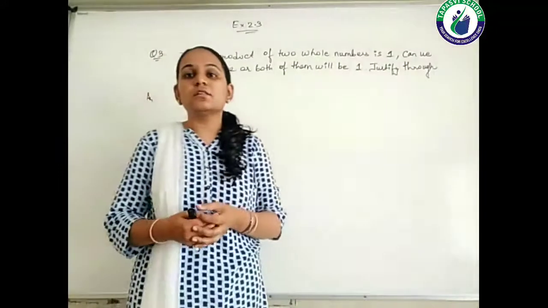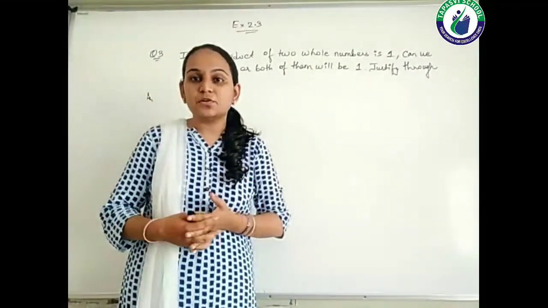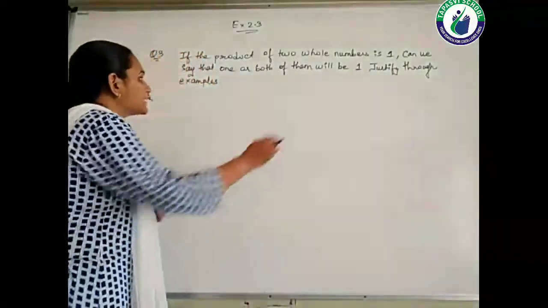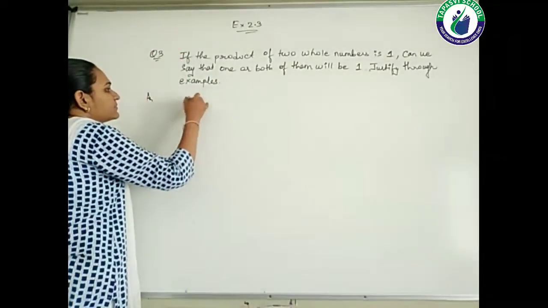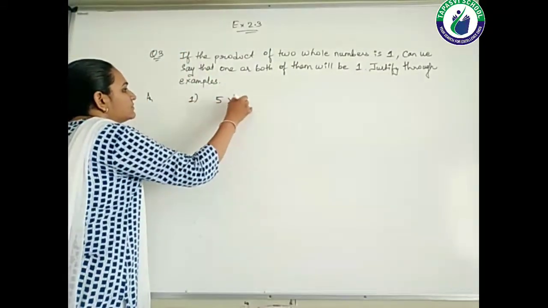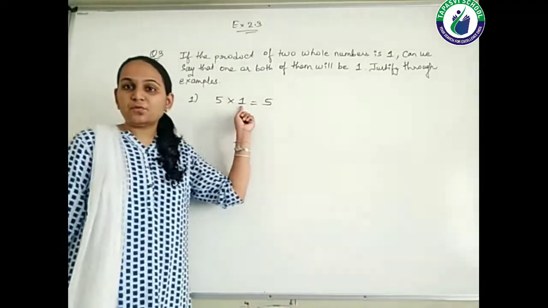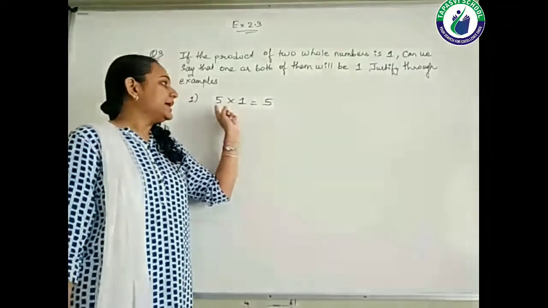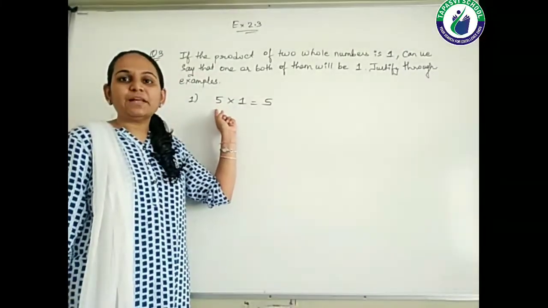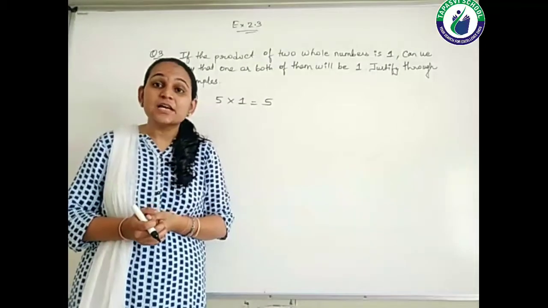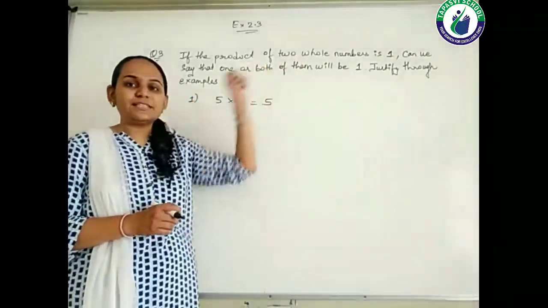So let's justify this statement with the help of examples. I have chosen one number as 1 and another number as 5. Now if I multiply 5 with 1, I get the answer 5. I am not getting the answer 1, which the statement is saying.